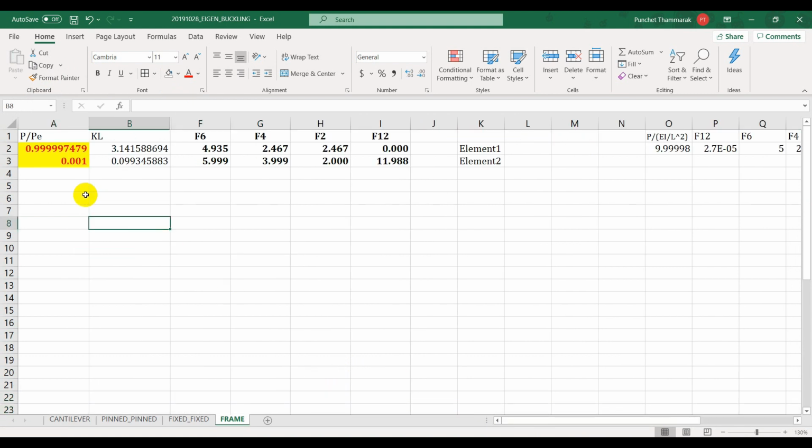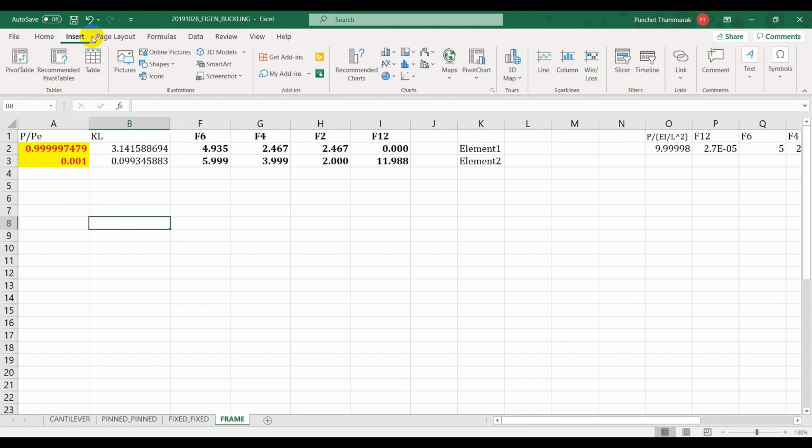In the frame, the first 2 degrees of freedom of the column is at the top, and then the horizontal, maybe I draw it here.